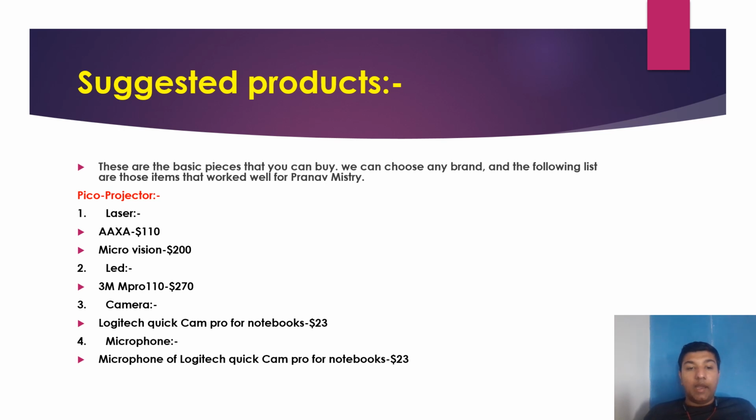Then the LED, the 3M MPro 110, is $270. The camera we are using in this system is the Logitech QuickCam Pro for notebooks, at $23. And lastly, the microphone we are using in this system is the microphone of the Logitech QuickCam Pro for notebooks, also $23.